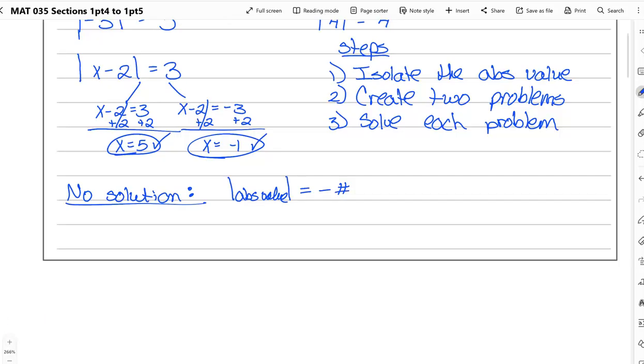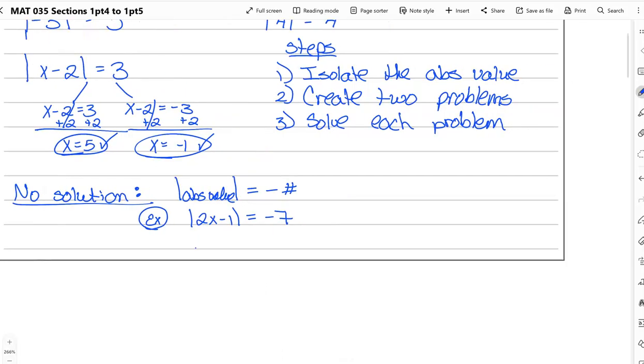Okay? That's always going to give you no solution. For example, let's say we have the absolute value of 2x minus 1, and that's equal to negative 7. If I'm taking the absolute value, that's always going to be a positive number or 0, so it can never be negative. So what no solution means is that there's no value for x that would make this a true statement.